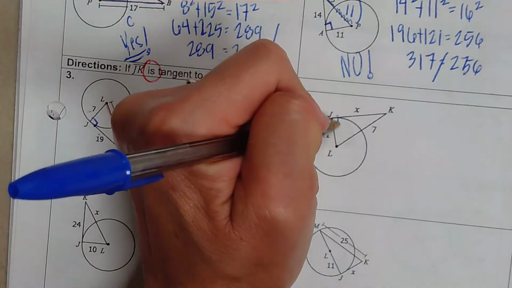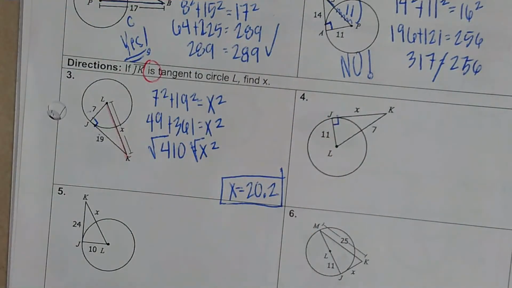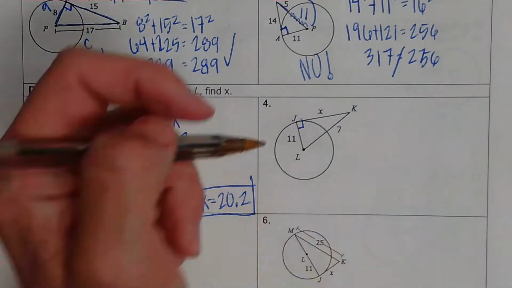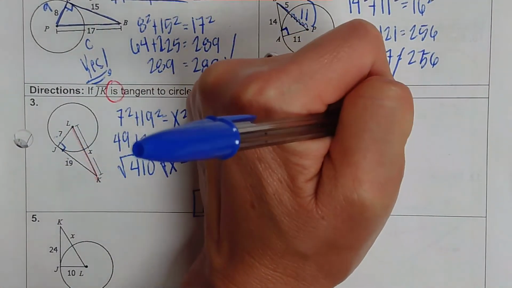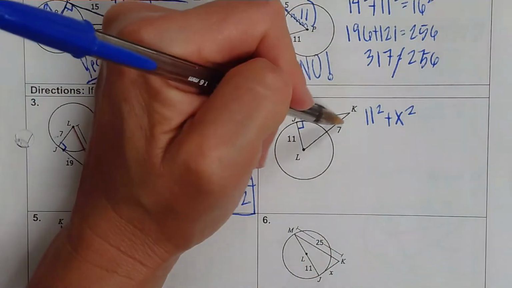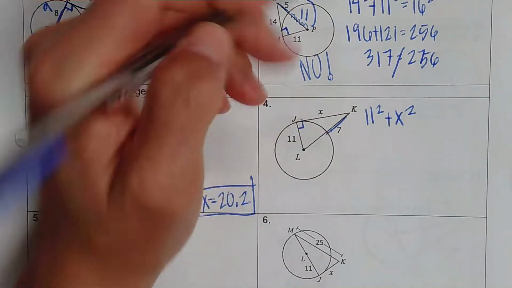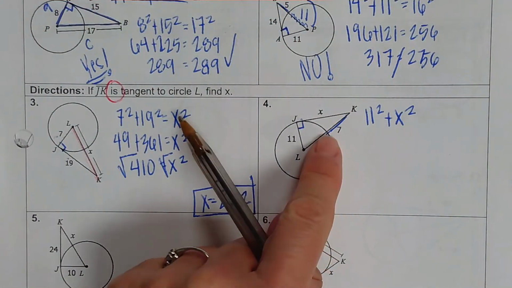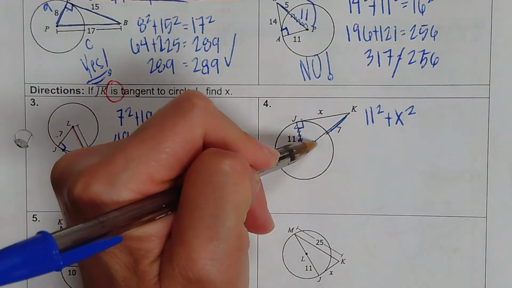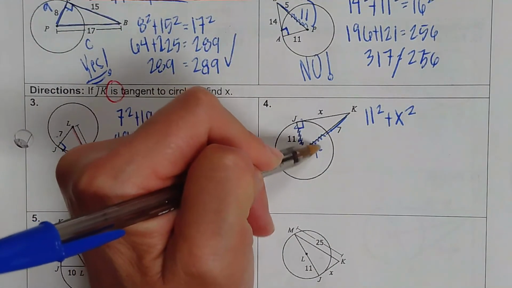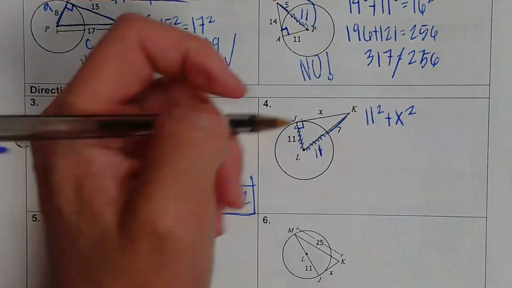Okay, so let's look at this one. Well, this is where my 90-degree angle would be. I have 11 squared plus x squared plus, oh shoot, I only have this part. But fear not, I know that this segment and this segment, because they're both radii, are the same measure.